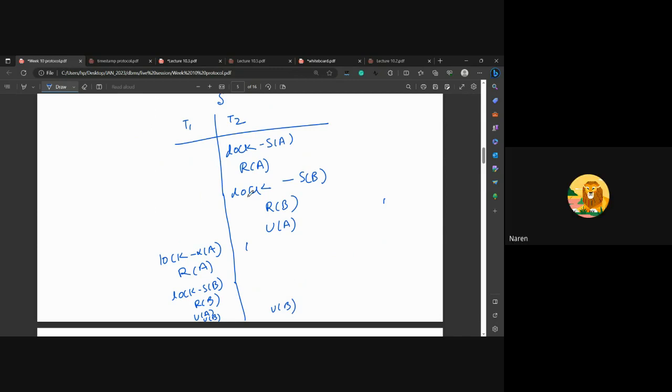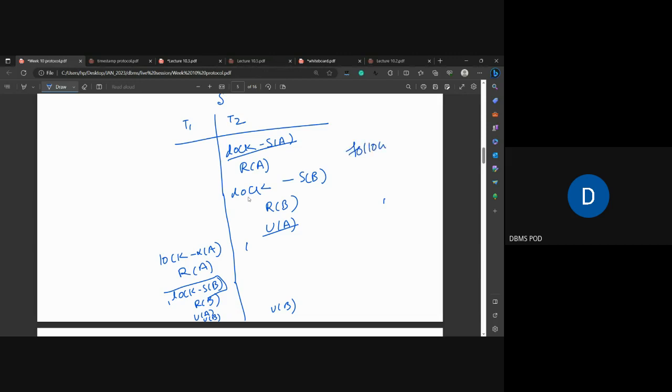Yes, sir. Okay, you can see that shared lock can be shared, right? So you can see only shared lock is applied, but if all shared locks are applied, now we cannot apply an exclusive lock, so we have to unlock. After the unlock, we can apply the exclusive lock, right? So it follows the locking protocol.